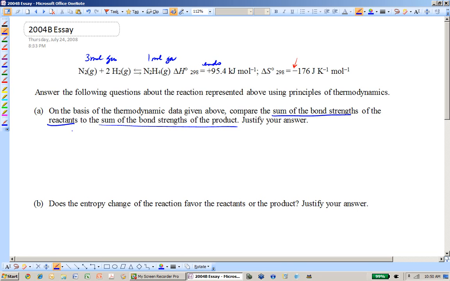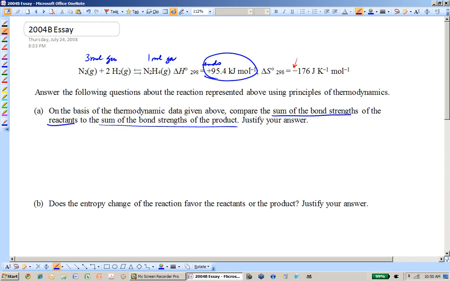But when you talk about bond energies, it's cost versus payoff. It costs you energy to break bonds, and you get energy back when your product molecules form. So the fact that this is an endothermic reaction means that energy was taken into the system to break the bonds, but the ones that were formed weren't as strong, thus they didn't release as much energy.